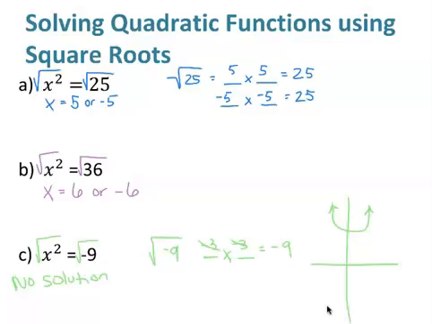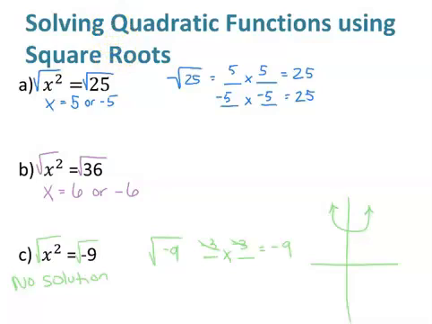So using the square root method only works when you have x squared equals a number. If you've got an x term, you wouldn't want to use the square root method. The square root method only works when you have an x squared term and a constant term. So note that.